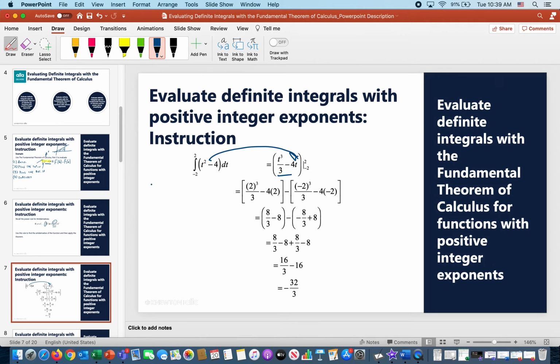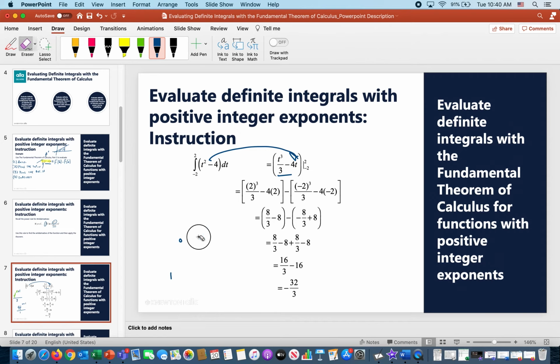So I'm going to take t to the second power, add 1 to its exponent, and put that new exponent on the bottom. So that's where we get t to the third over 3. And then 4, so it's not exactly obvious, but 4 is the same as 4 times t to the 0. If I add 1 and put that on the bottom, then I get 4t.